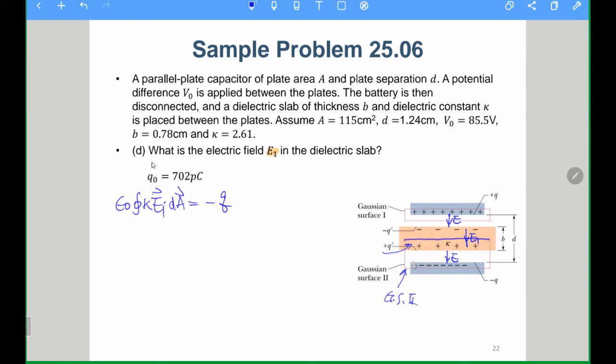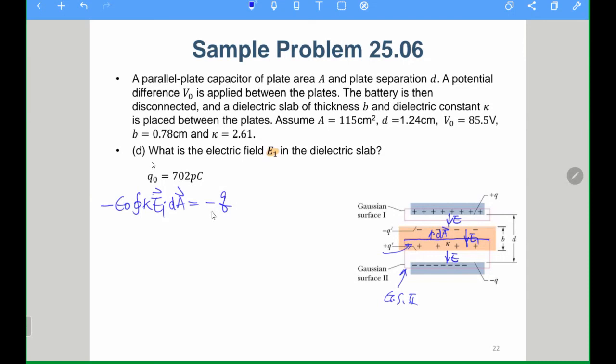Actually, I think there should be another negative sign here, because for this surface E1 is pointing downward, however dA is pointing upward. So E1 and dA point in opposite directions, and we have another negative sign.